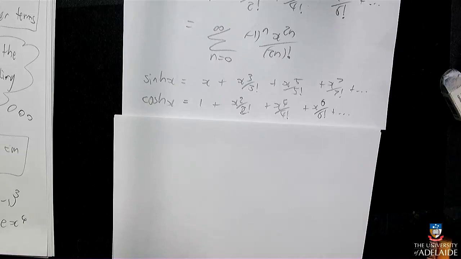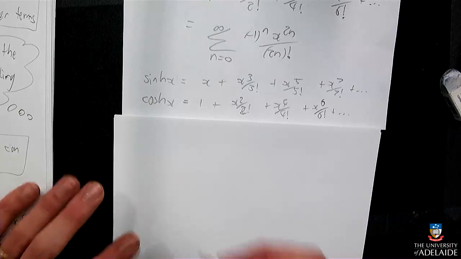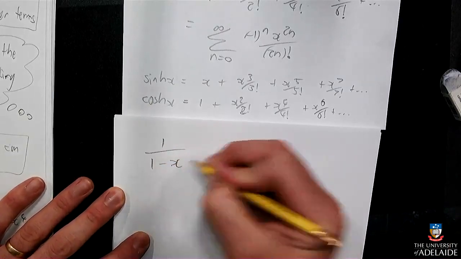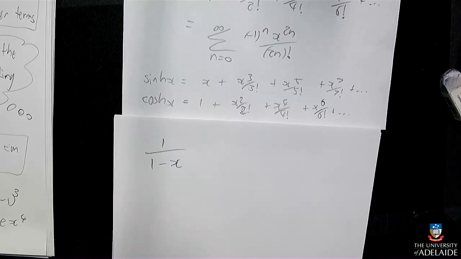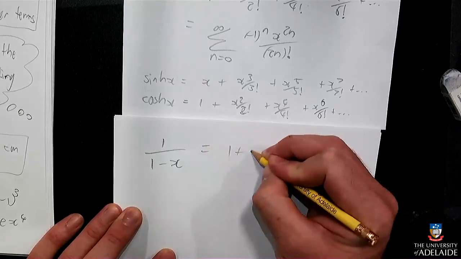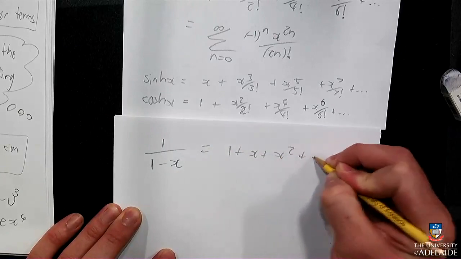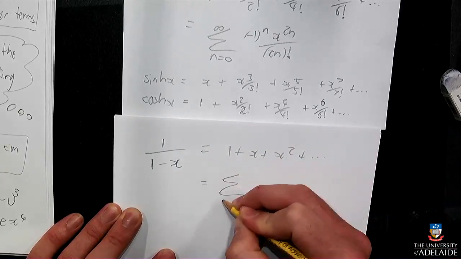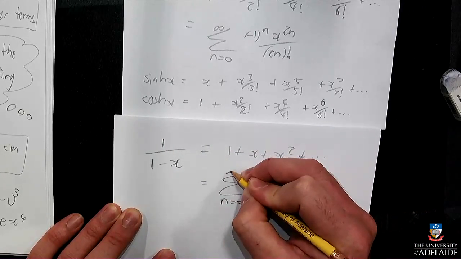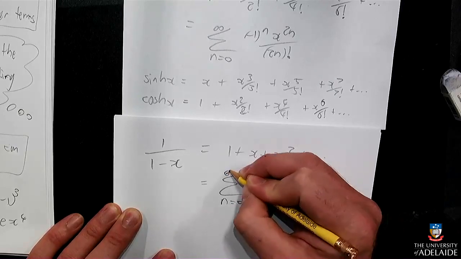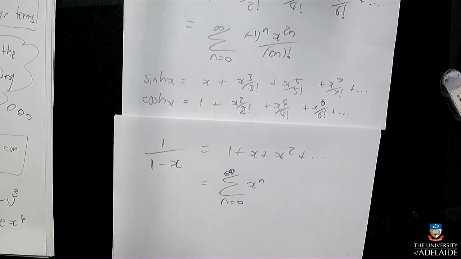All right, there are two more that don't feel like Taylor series, but you've seen them. One of them is this function, 1 over 1 minus x, and that is the geometric series, the sum of x to the n.